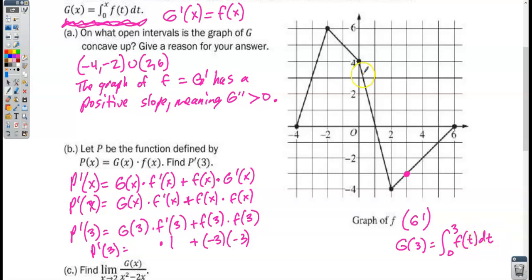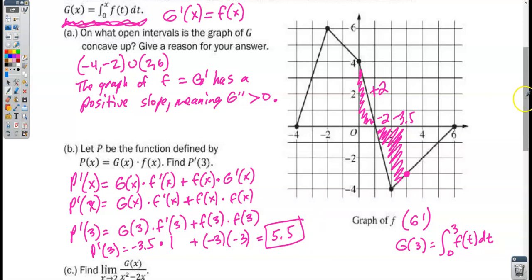So that's the area that I'm accumulating from 0 over to 3. If I look at this, I've got a positive 2 from this region right here. And then here we've got a -2 from 1 to 2, and we've got a -3.5 from 2 to 3. And therefore the value of this is going to be -3.5. And doing all of our calculations, 9 minus 3.5 is 5.5. So that's our value for P prime of 3.